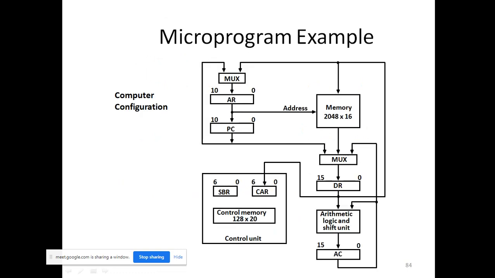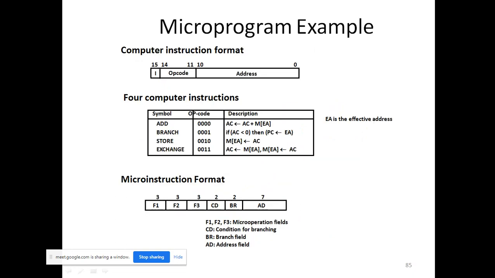It is 20 bits. Here it is 16 bits, 0 to 15 means 16. So the computer instruction is 16 bits in size. That's why it is 2048 into 16. The 16 represents the total size of the instruction.